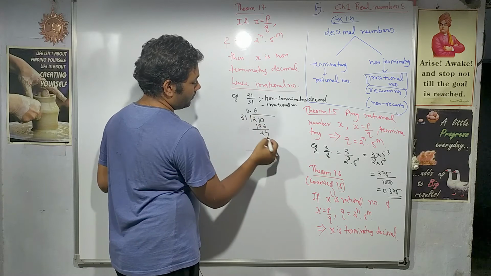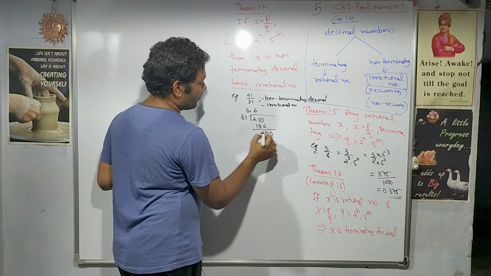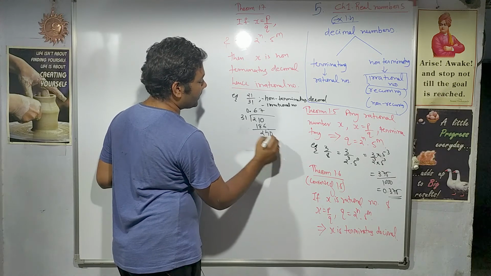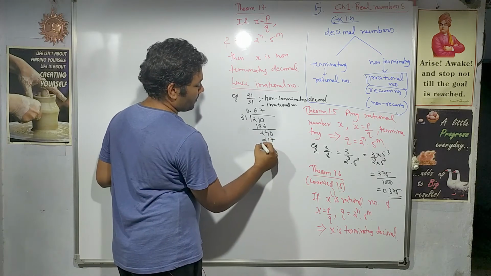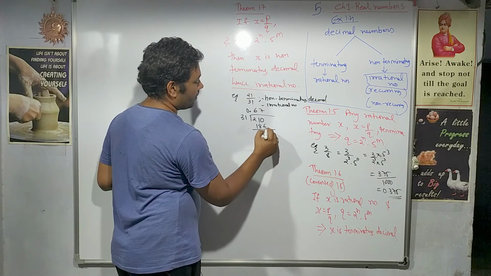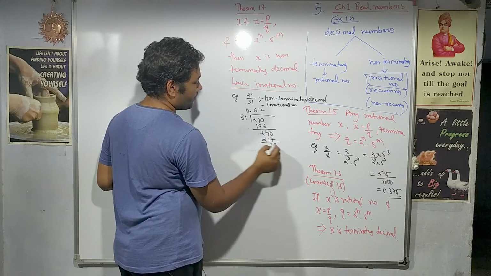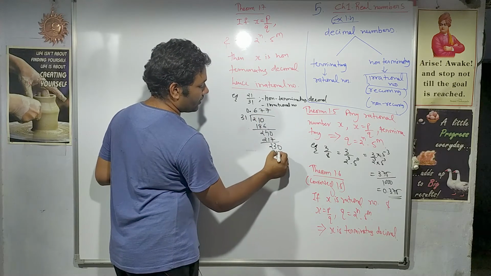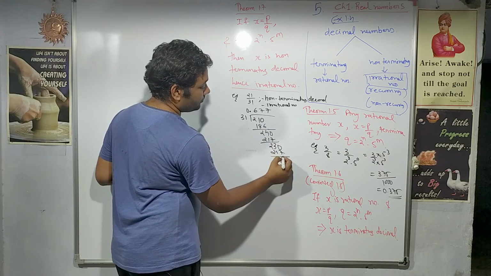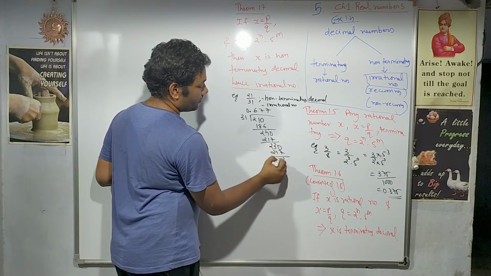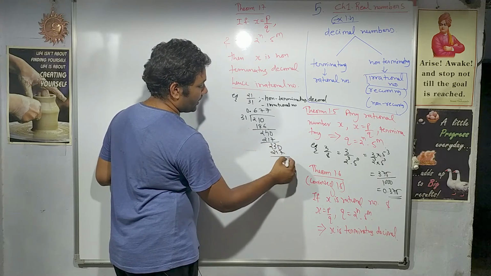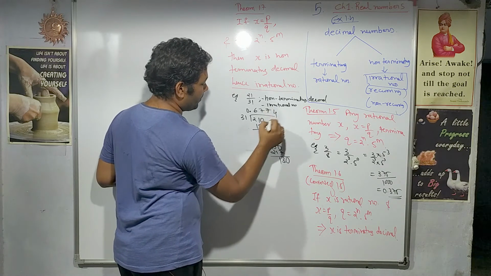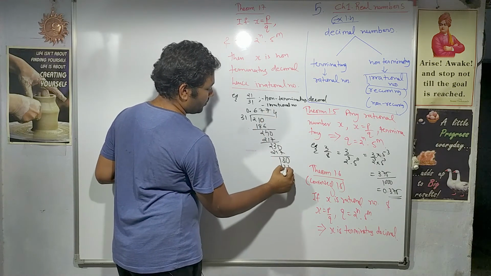Then if we take a decimal point here, 240, it will go 7 times, 217, right? So 323, again if we take 0, it will again go 7 times, so it will be 217. 13, so if we take 0, 130, it will go 4 times, 124.